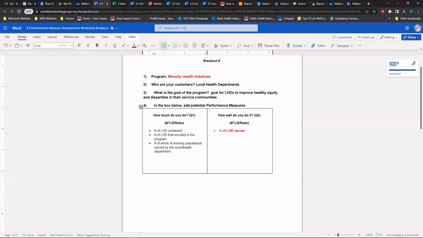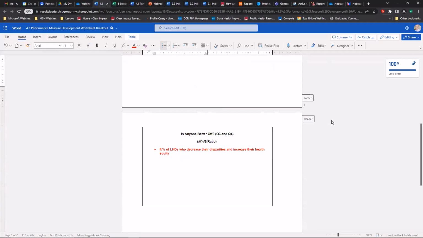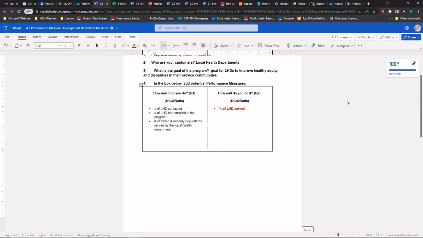Can I say something on that? I think for our office, the issue hasn't been so much that the local health departments are not part of it. It's more that they really haven't been doing the last bullet, which is up above, number of ethnic minority populations served.